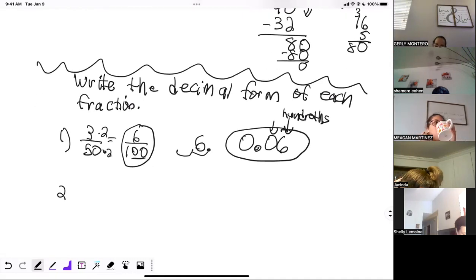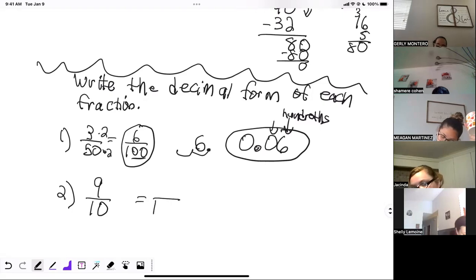All right, 2. Let's say I have 9/10. My goal is to get it to be something over 100. So I can multiply 10 by 10, which means I'm going to multiply 9 by 10, which gives me 90/100.